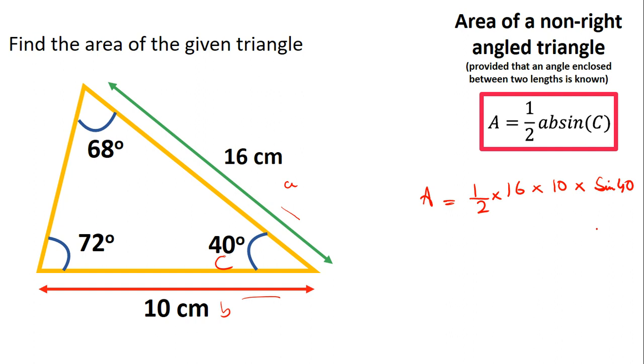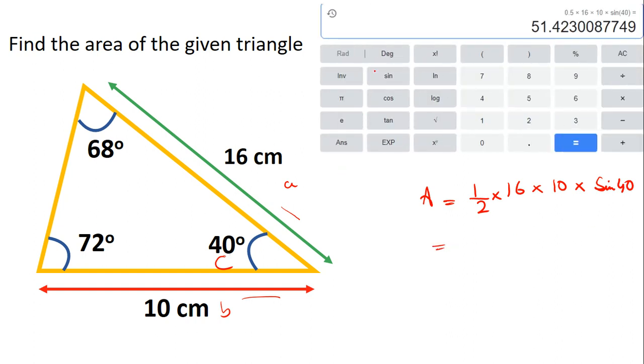Make sure first that your calculator is set on degrees unless you're asked to find in radians. When you write down 0.5 times 16 times 10 times sine 40, it gives you the answer 51.4. So 51.4 centimeter square is my area.